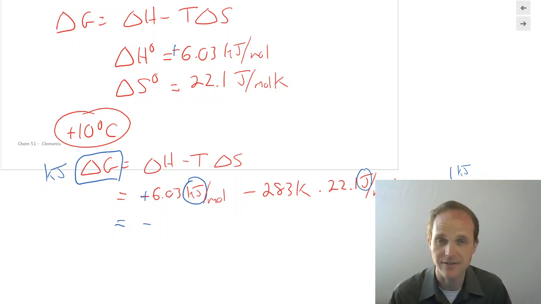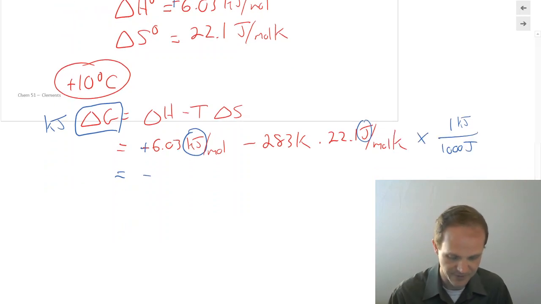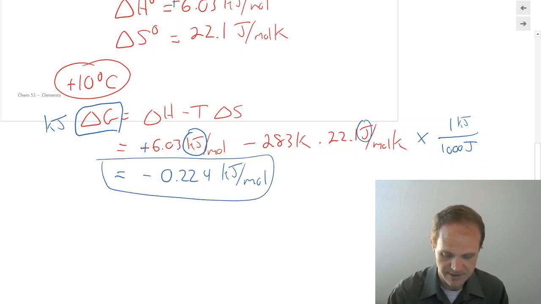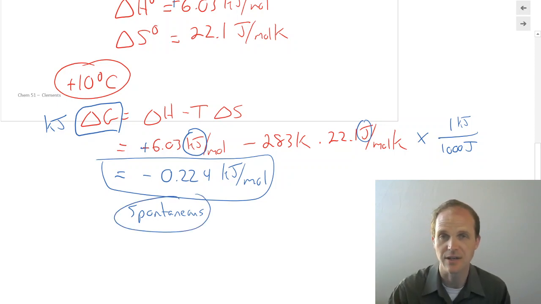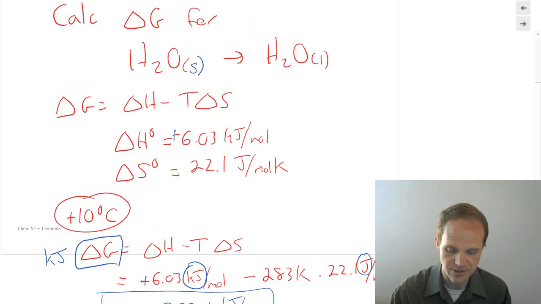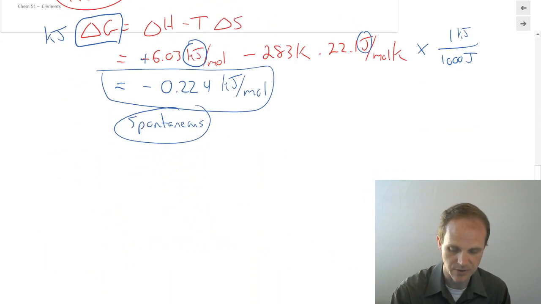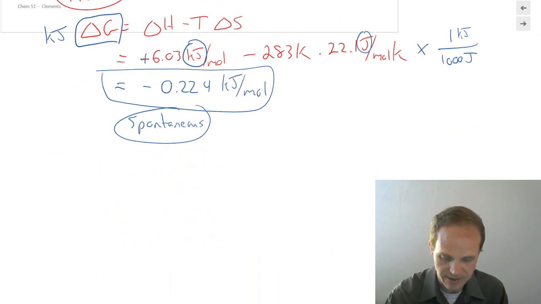I forgot to put the 1,000 in my own calculator. I had it there for you. And this is going to be minus 0.224 kilojoules per mole. Okay, so what does it mean for it to be negative? This means it is spontaneous. So what did we just say? We just said, hey, look, at 10 degrees Celsius, this reaction of solid going to liquid is spontaneous and will happen. But let's check it out at a different temperature.